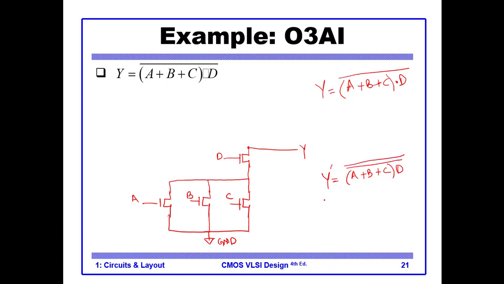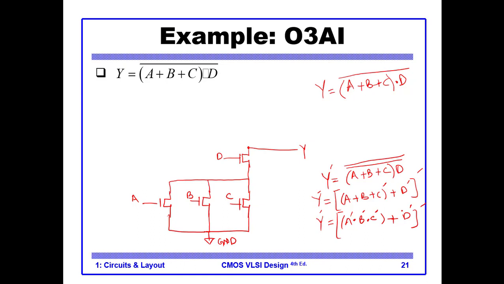So this is our Y bar, which means (A plus B plus C) bar plus D bar, and we have this whole bar here, and we will have A bar dot B bar dot C bar plus D bar, and the external bar.